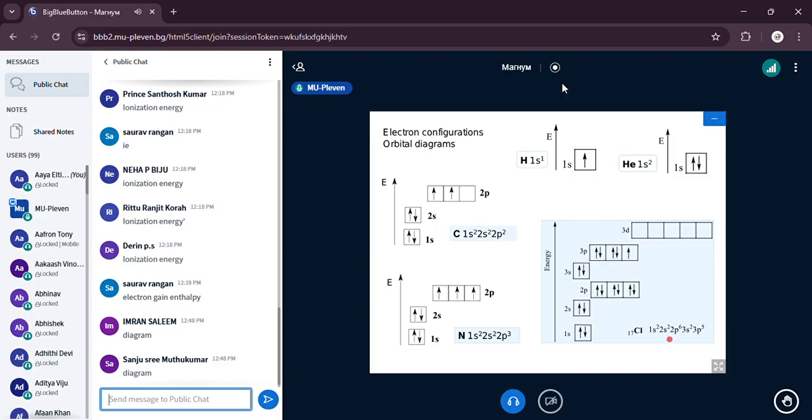For example, here, for chlorine, the valence electron shell 3. The valence electron configuration is 3s2 3p5. But the orbital diagram shows how these 5 electrons are distributed into 3p atomic orbitals.